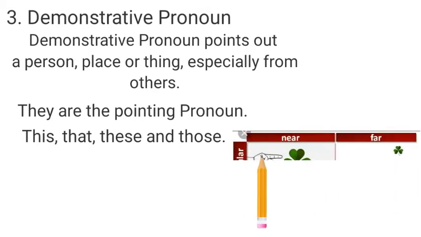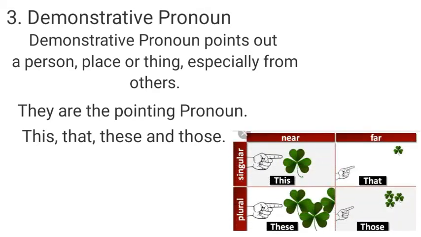Now let me explain how to use those pronouns. If the object is singular and near to you, then you have to use this, and if it's far, then you have to use that. If the object is plural and near to you, then you have to use these, and if it's far, then you have to use those.